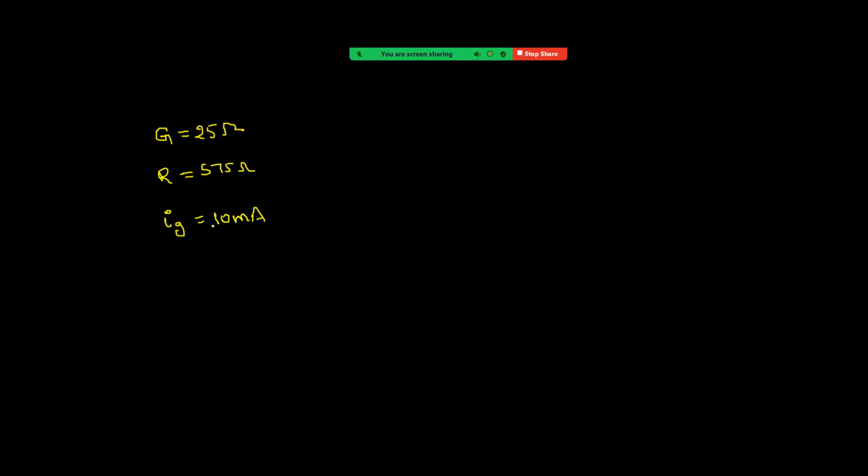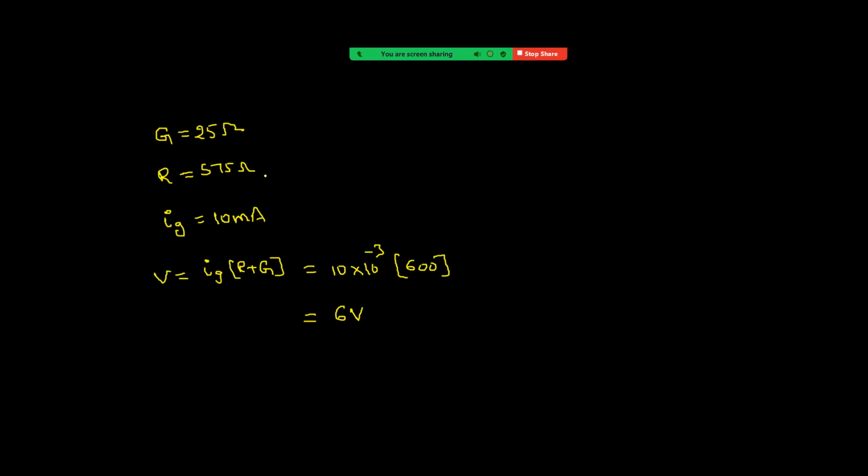So what maximum potential difference can we measure? We can write V equal to I into R, so Ig into R plus G. This is 10 milli, 10 power minus 3, and R plus G is now 600. So it is equal to how much? 6 volt. So we can measure a maximum of 6 volt.